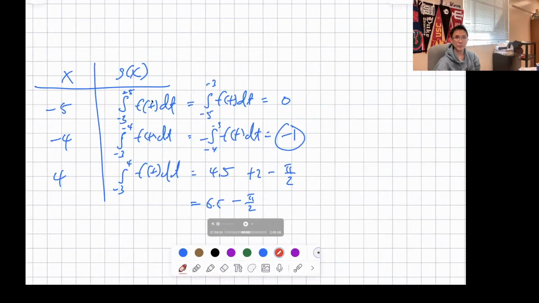At -5 I got 0, at -4 I got -1, at 4 I got 6.5 minus pi over 2. And then this is the minimum value. I did it a little differently than they do, and I think this way is better because it's more organized. Not random numbers: endpoints and a critical number. The endpoints are -5 and 4, and the critical number is -4.